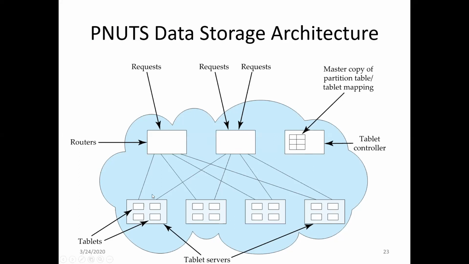Now all the routers are mapped to different tablet servers. These tablet servers will hold some partitions of the tables, right? So whatever you see here are the partitions of the tables. Whenever an access comes to the router, the router is aware of which table is available in which tablet server.